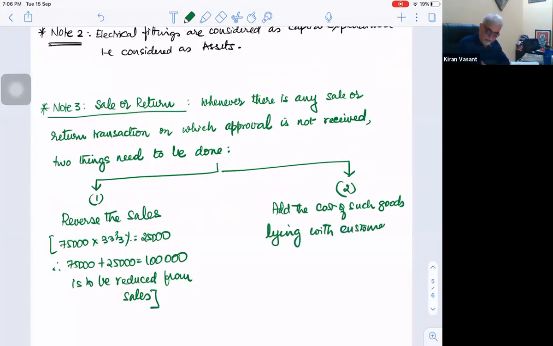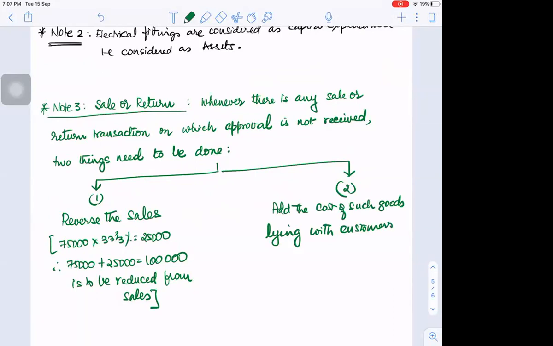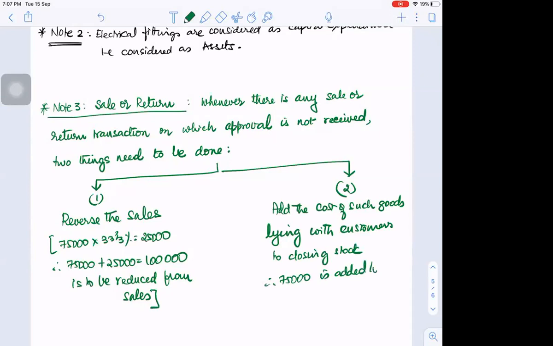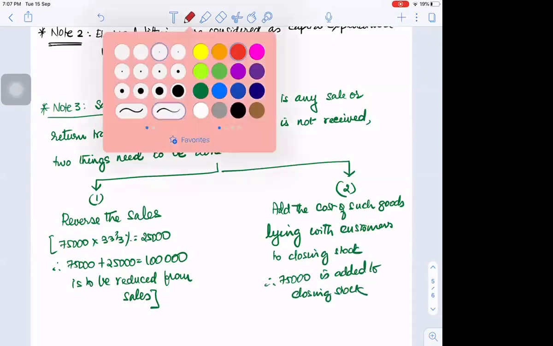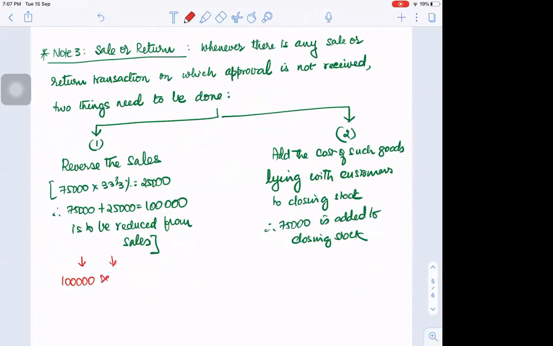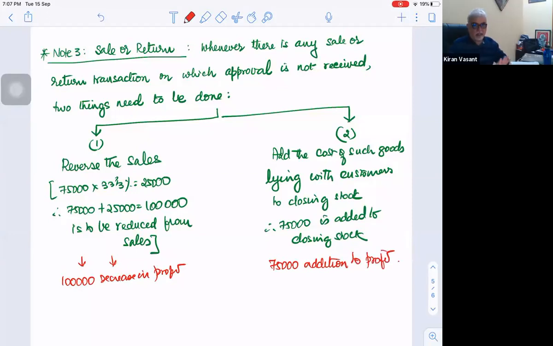And second is add the cost of such goods lying with the customer to the closing stock. Very good. Is my working note clear?